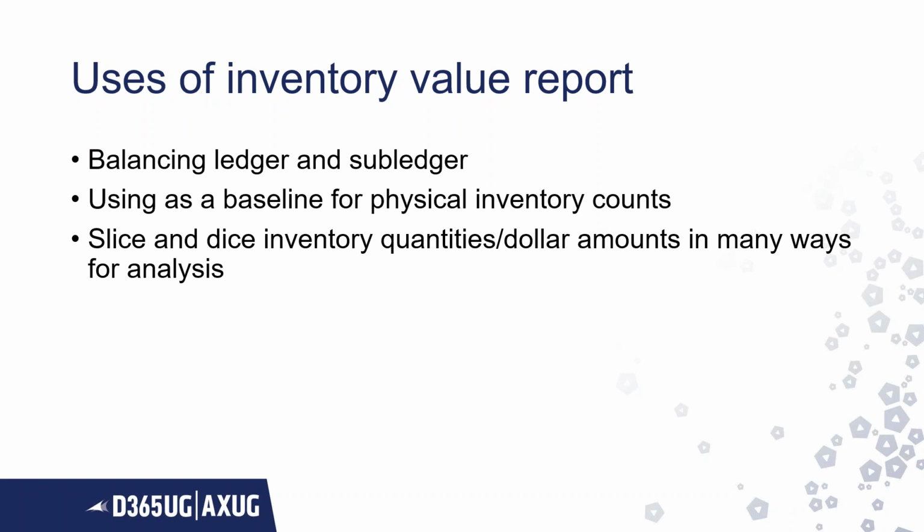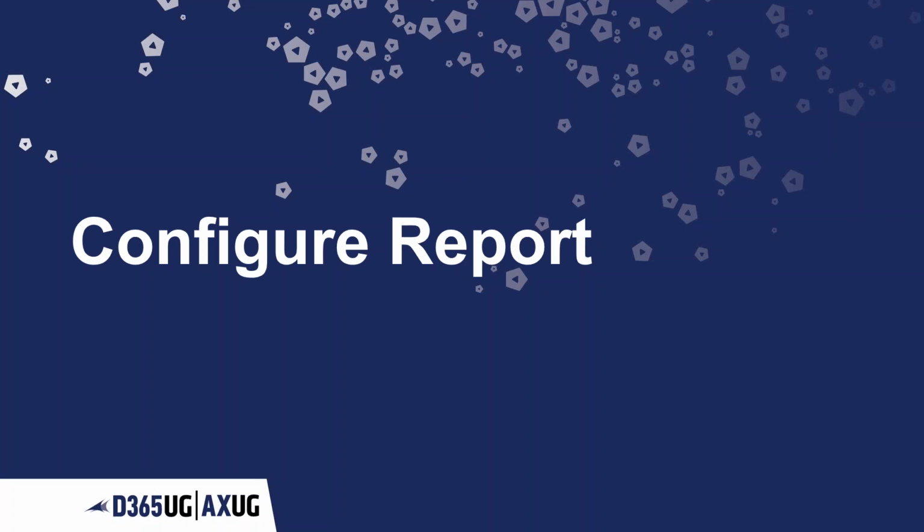And finally, you can slice and dice your inventory quantities and dollar amounts in many ways for analysis, by dimension, by item group, just a lot of different ways. You can see physical values, financial values, you can see them together, you can see your average cost per unit of your inventory, et cetera. So a lot of neat features. All that being said, time to dive in and configure a report.